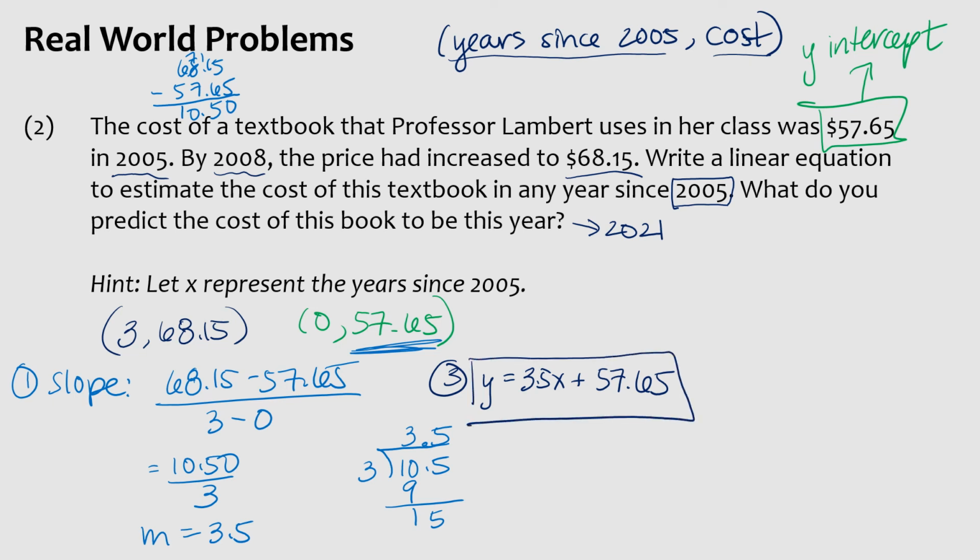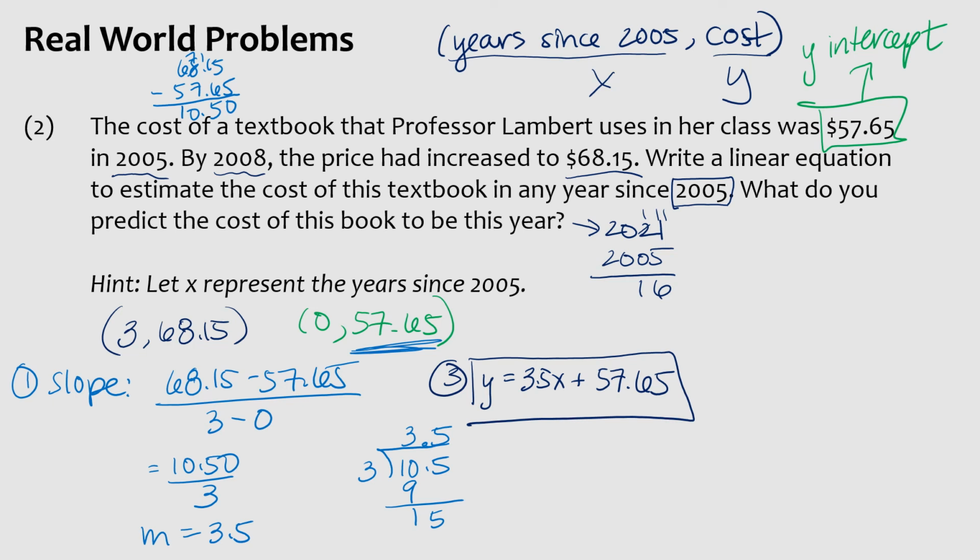The next part is, what would the price of the book be this year? So pause the video, and using this equation, I want you to solve for what the price of the book would be this year. And again, remember that cost is y, and years since 2005 is x. Okay, here we go. 2021 and 2005, well, that's a lovely 16 years.